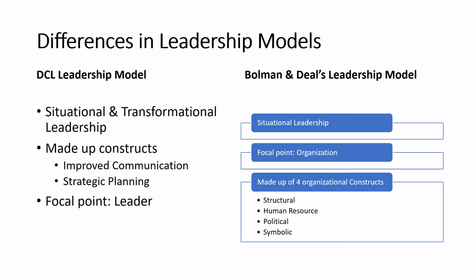Symbolic, which focuses on symbols, organizational stories, legends, a key visual piece of culture to be proud of and to help decrease confusion. And political, which focuses on relationships and connections, clarifies what they want and how to get it, such as building relationships with stakeholders.